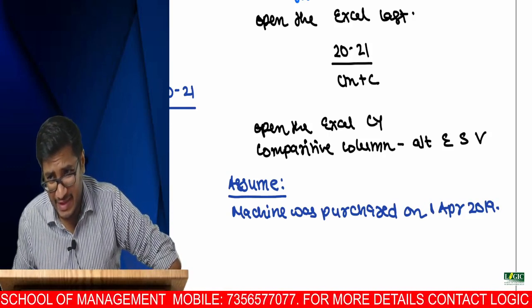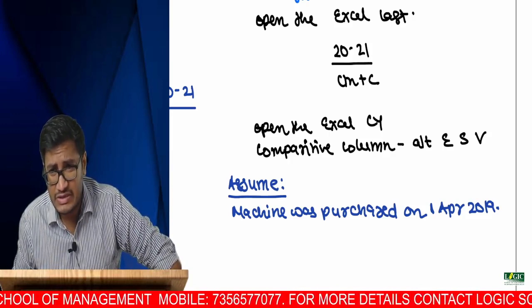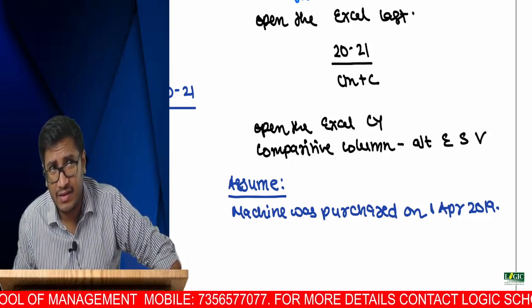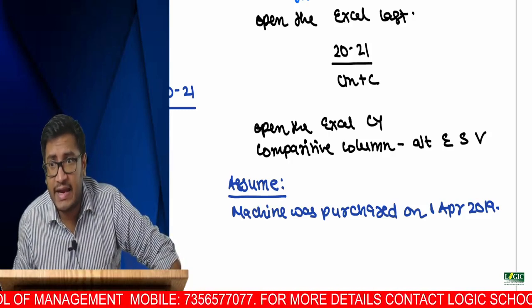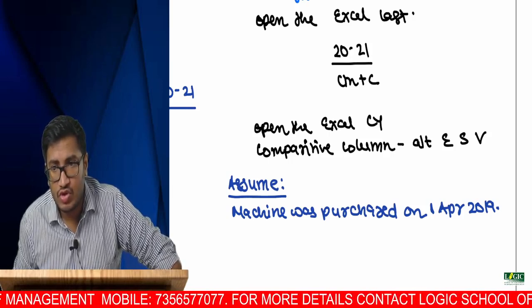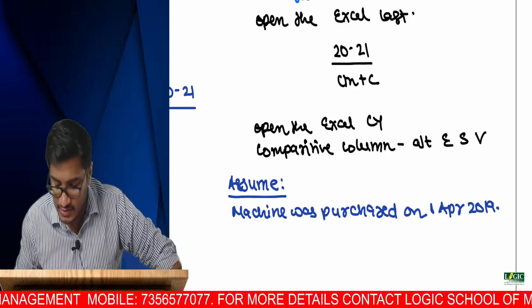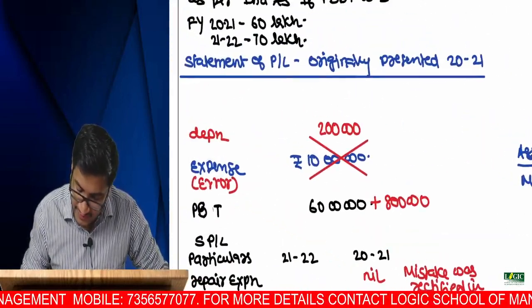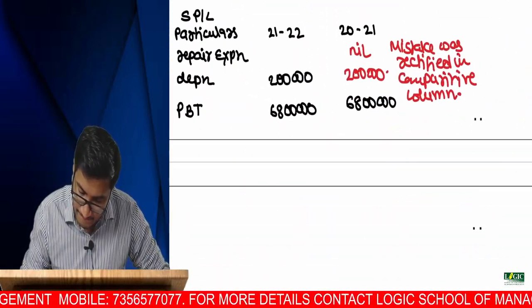So when did the mistake happen? So the original mistake happened in the year 19-20, isn't it? So how do you go about with the presentation? Sir, there is no difference. This presentation is exactly same.